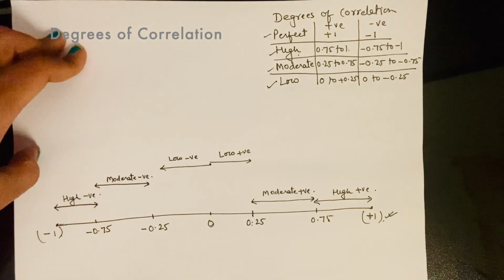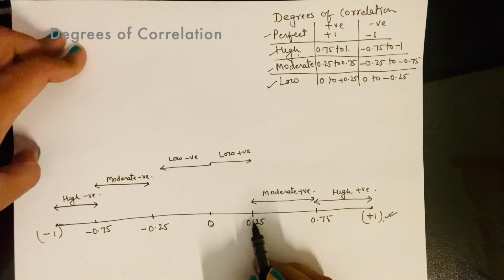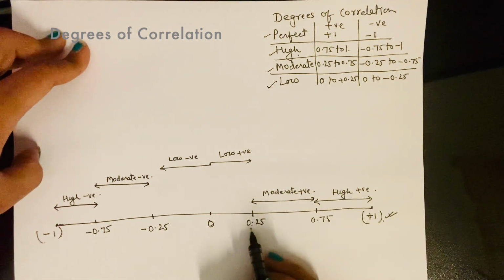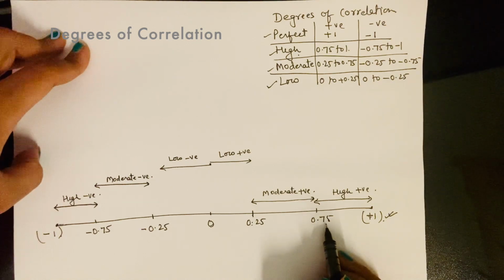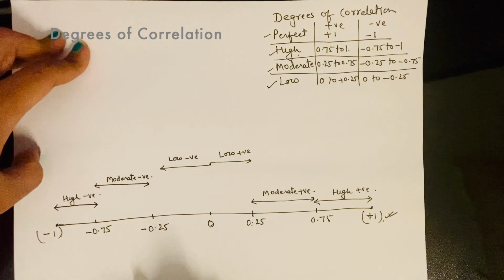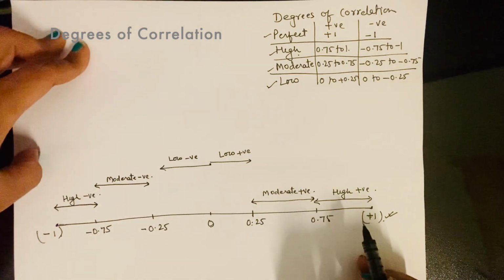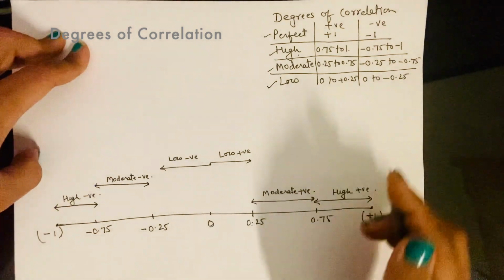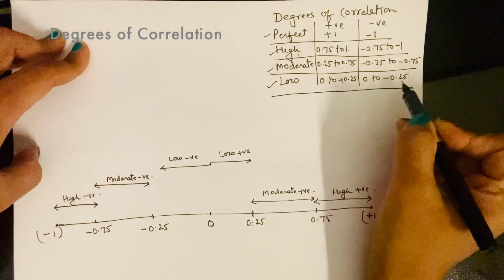Similarly, any value of correlation that you get towards the positive side between 0.25 and 0.75 will become a moderate value, that is the moderate degree of positive correlation. Similarly, the moderate degree of negative correlation. So this is the chart that we have to understand.